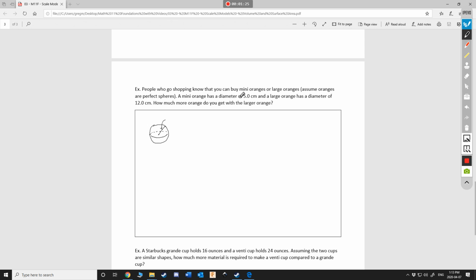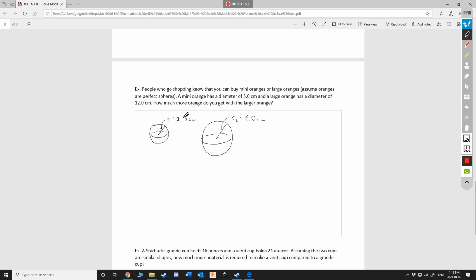If the diameter is 5, the radius is going to be 2.5 centimeters. The large orange has a diameter of 12 centimeters, so when we talk about radius 1 and radius 2, the second is going to be 6.0 centimeters.